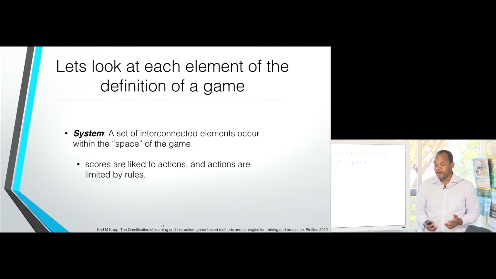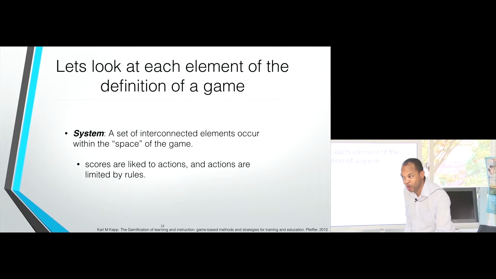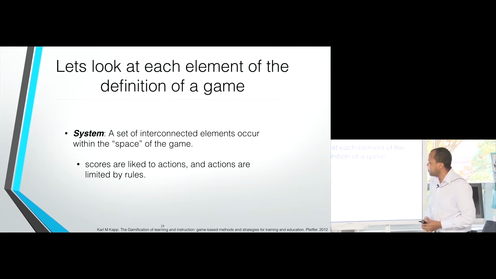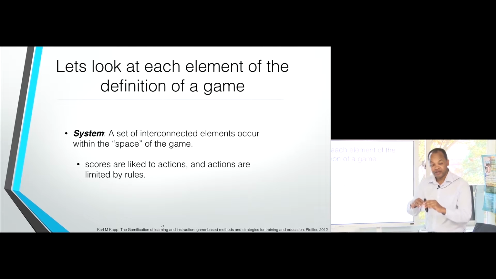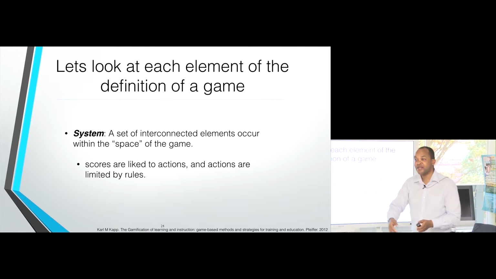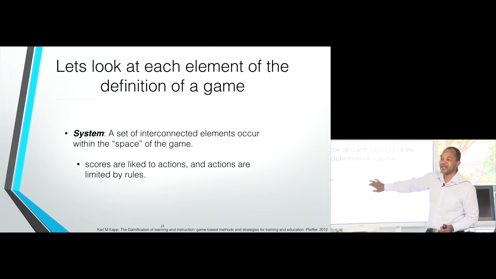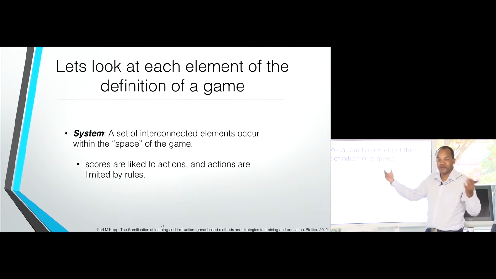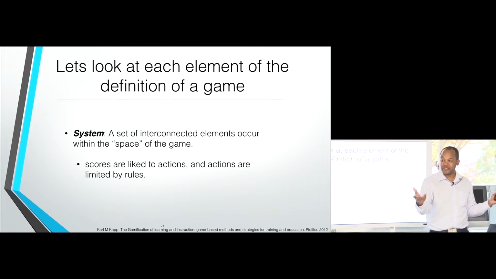For example, if the whole point of the game is to get the highest score, there should be actions governed by rules within getting a high score. Otherwise, they can just create a big button and just say press and get 1 million points. But it's not fun, it's not interesting, right? So there should be rules that govern the point system within the game.